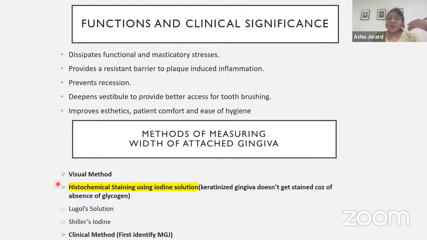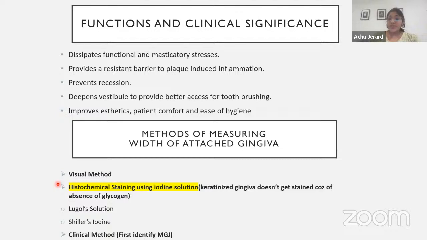You can measure it purely by a visual method, just by observing certain areas. Clearly you can see in the picture I've shown before, you can see that line of demarcation, the mucogingival junction, very clearly, right? In such areas you can just by looking determine, okay, the patient has adequate width. That is a simple visual method.